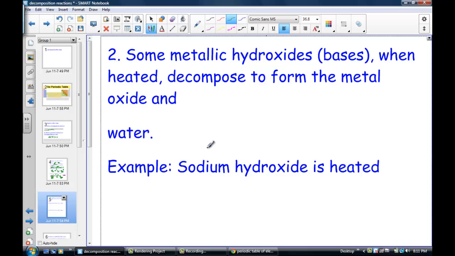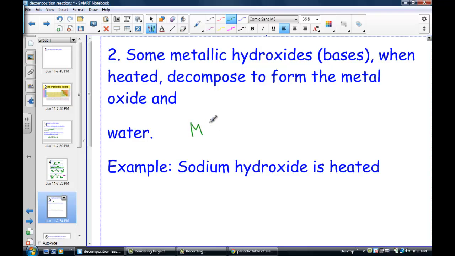Some metallic hydroxides, which we know as bases, when they're heated, will break apart, decompose, to break down into simpler pieces to form the metal oxide and water. And that water should be up here. So we've learned this in the combination pattern, didn't we?